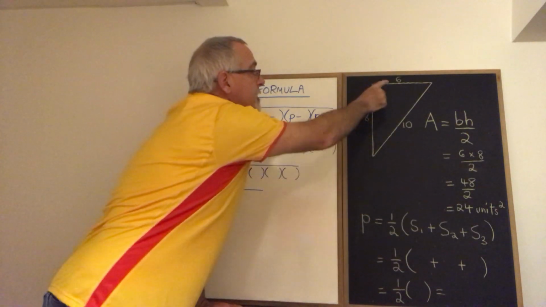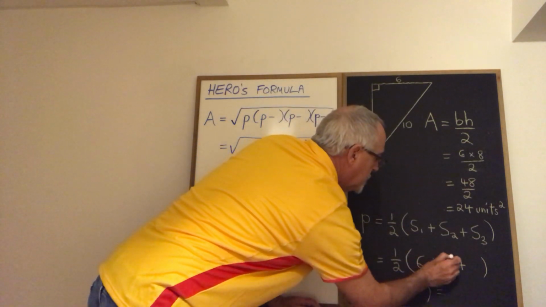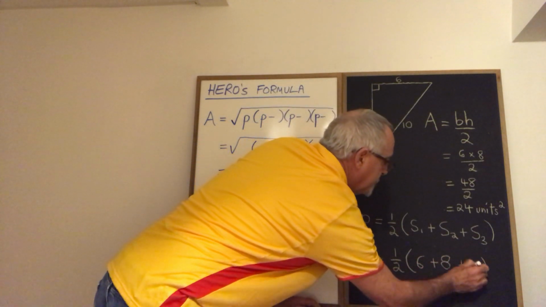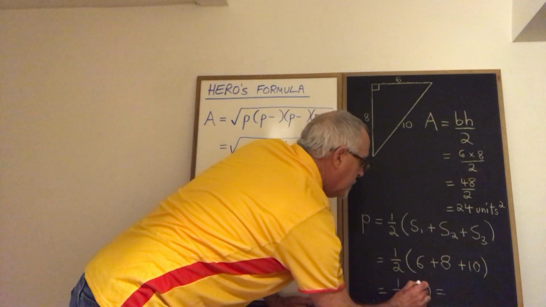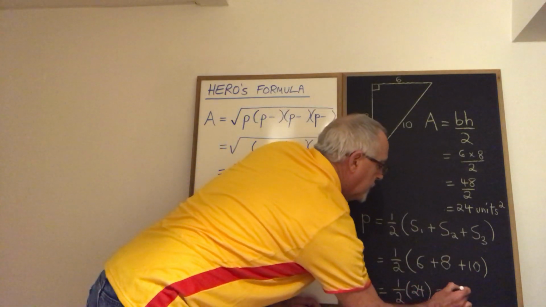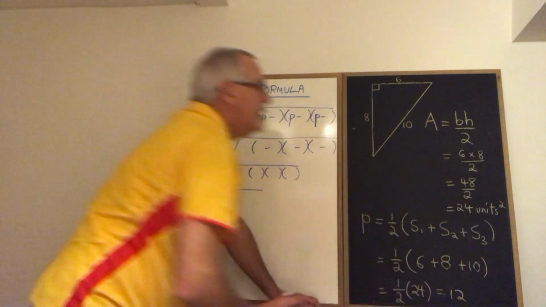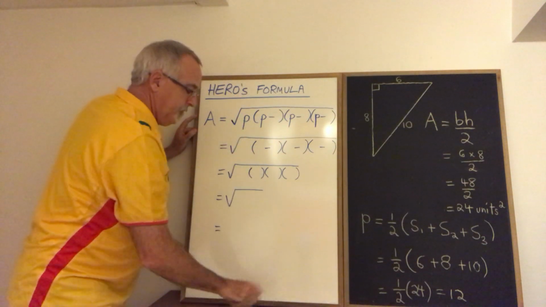In this case, they are 6, 8, and 10, and I've put them here. 6 plus 8 plus 10 is 24, and half of 24 is 12.